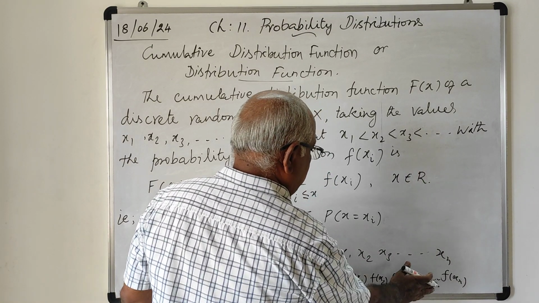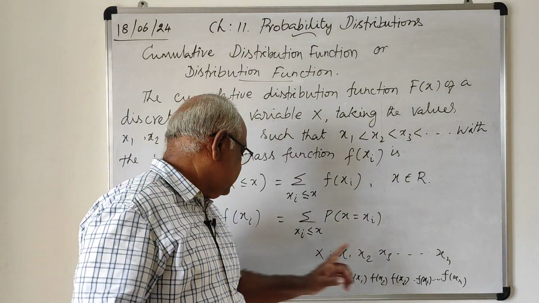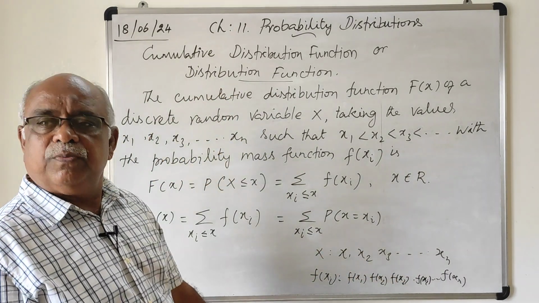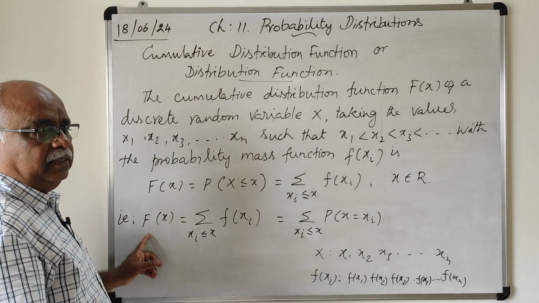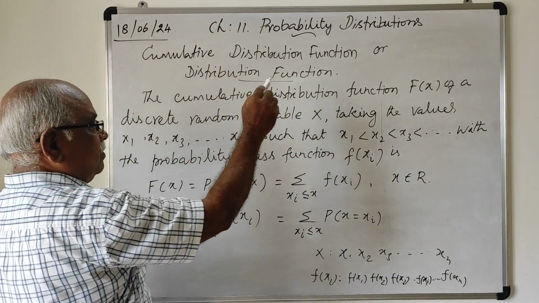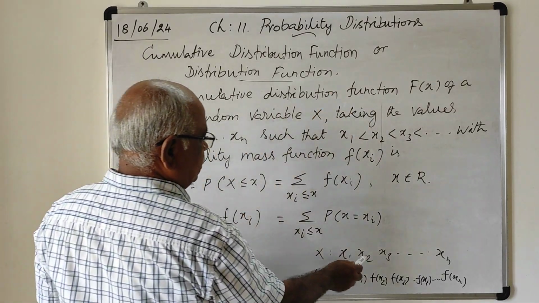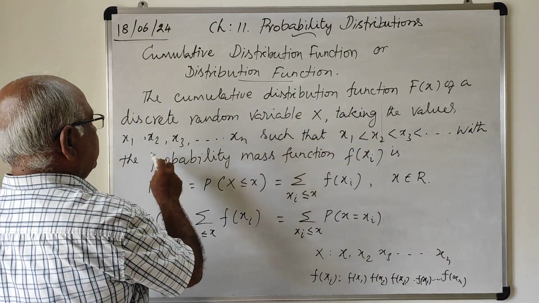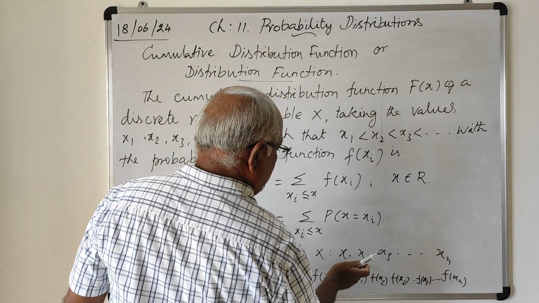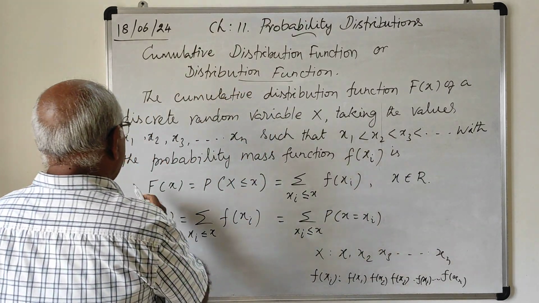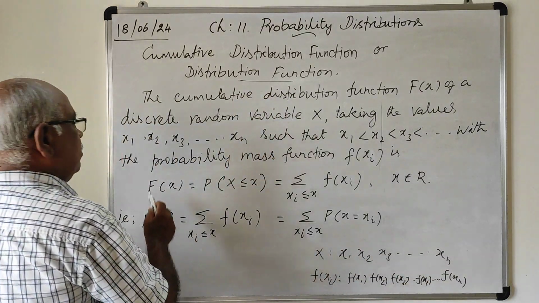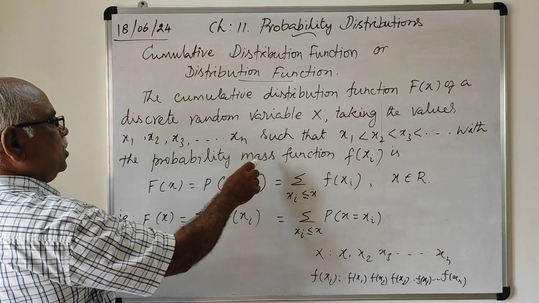Up to this stage, the summation of all these probabilities is called the cumulative distribution function, and it is denoted by capital F of x. That is, the cumulative distribution function capital F of x of a discrete random variable capital X taking real values x1, x2, etc., xn, such that x1 is less than x2 less than and so on up to xn, and the corresponding probabilities f of x1, f of x2, etc., f of xn, that is the probability mass function f of xi.